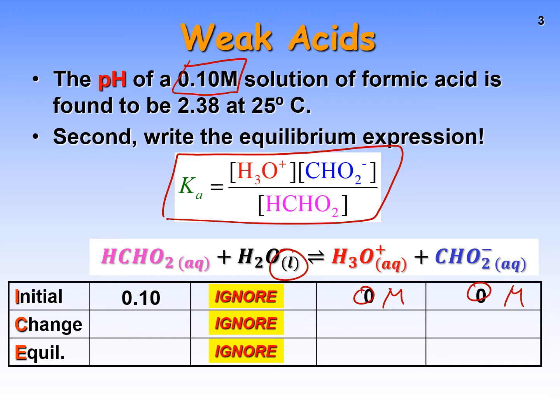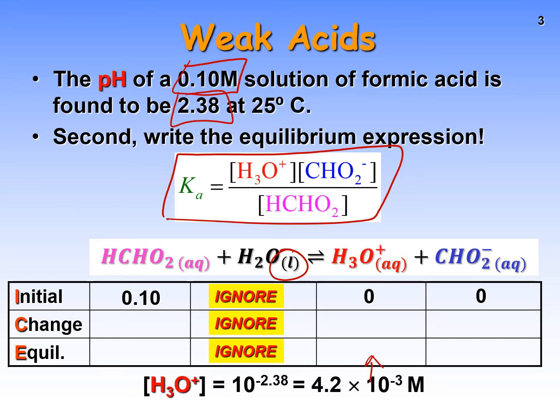Next, we can fill in the rest of this ice table with X and all that. But actually, we do know our equilibrium concentration of H3O plus as well, because I know the pH. We know that pH and H3O plus concentration are related to each other.